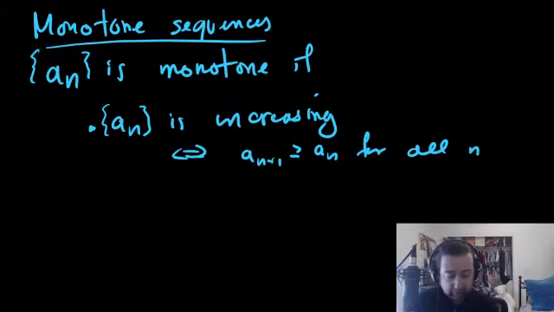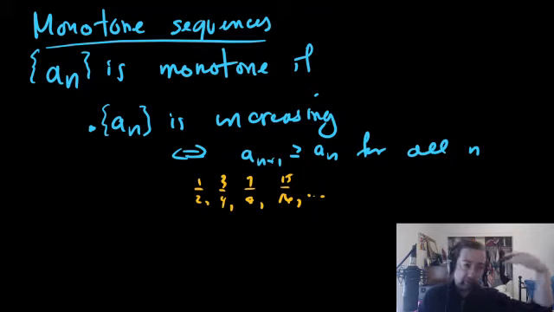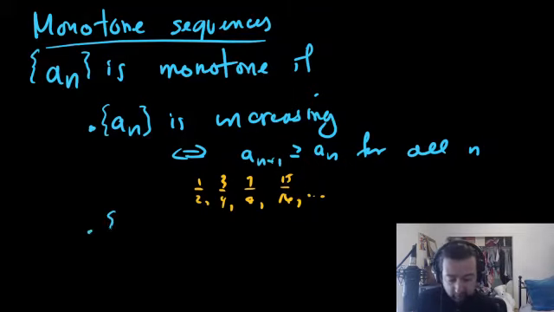As an example here, you could think something like 1/2, 3/4, 7/8, 15/16, and so on. That's an increasing sequence because each term is larger than the term that came before it. Or a_n is decreasing.